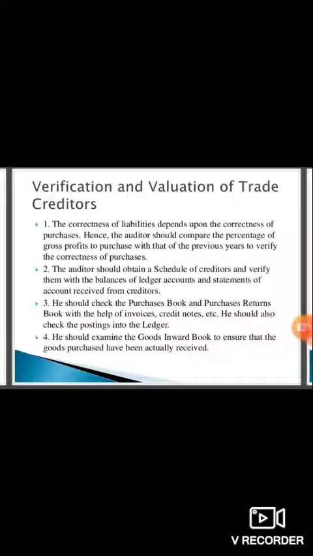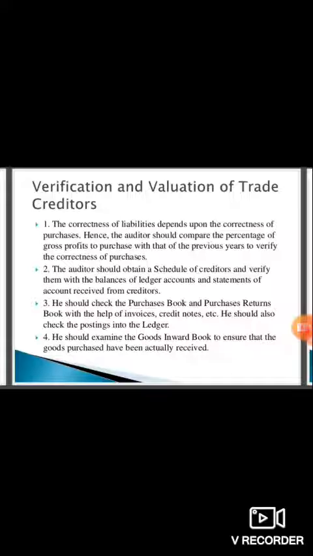If the purchases have been made in the last year, he has to consider the value at which the company purchased the raw materials or any other things, so that he can know whether the purchase price is correct in the present year or not.